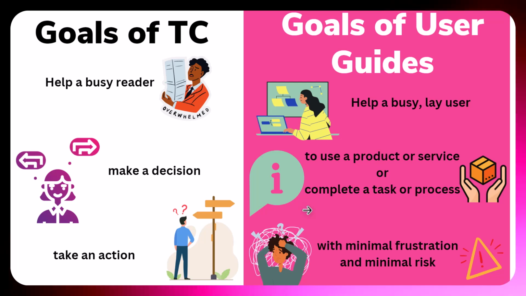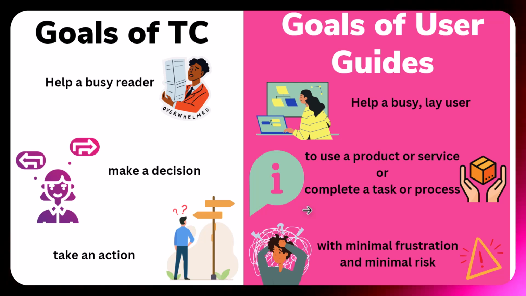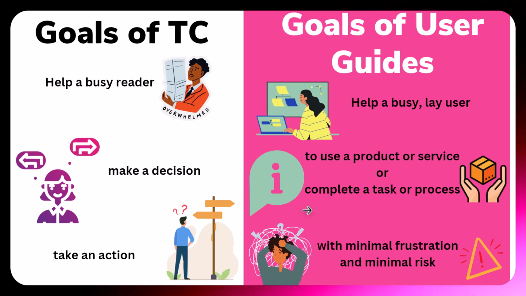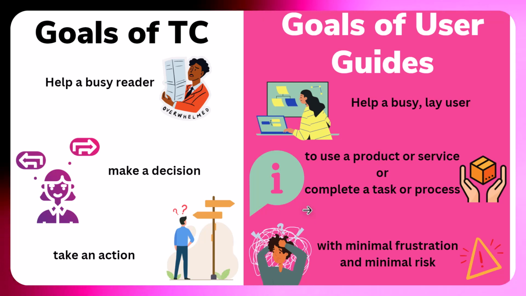Okay, we want to help a busy lay user to use a product or service or to complete a task or process with minimal frustration and risk. What I mean by this lay user is that essentially if someone's using a user guide, most of the time it's because they're not really sure what they're doing or not really sure how to use the product, or they don't know really how to complete the process.